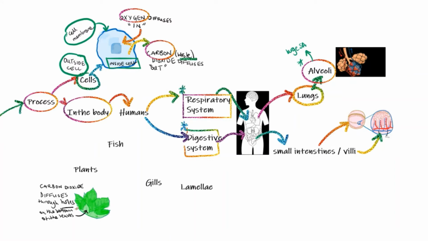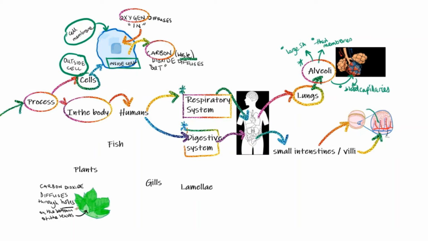It also has thin membranes, and you can see it has lots of blood capillaries, so it has a good supply of blood. All these factors contribute to effective diffusion. The blood capillaries provide efficient blood supply.